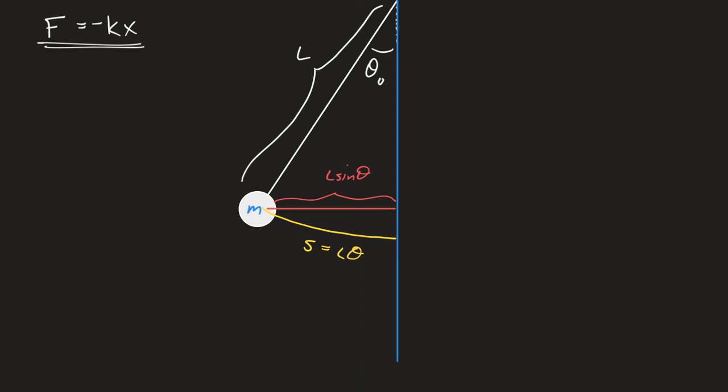Here's the problem. We need to come up with whether our force acting on our mass looks like this. So we need to find a way to do that. Now, how many forces are acting on this mass? There are 2.